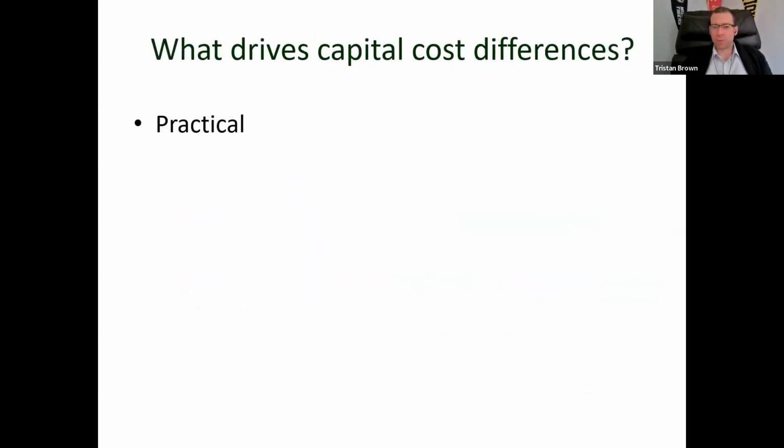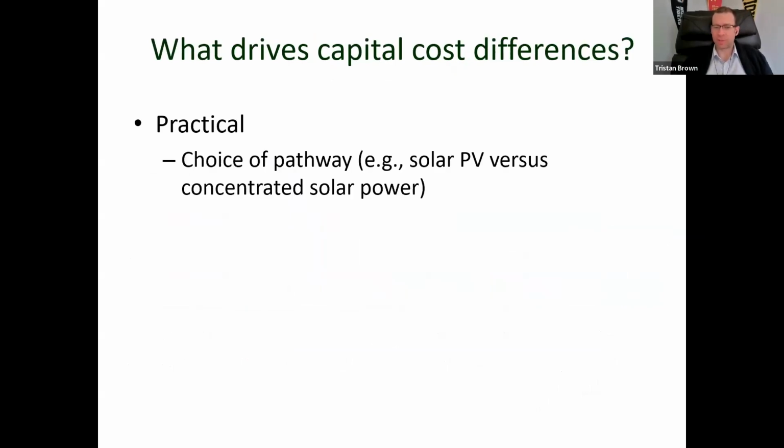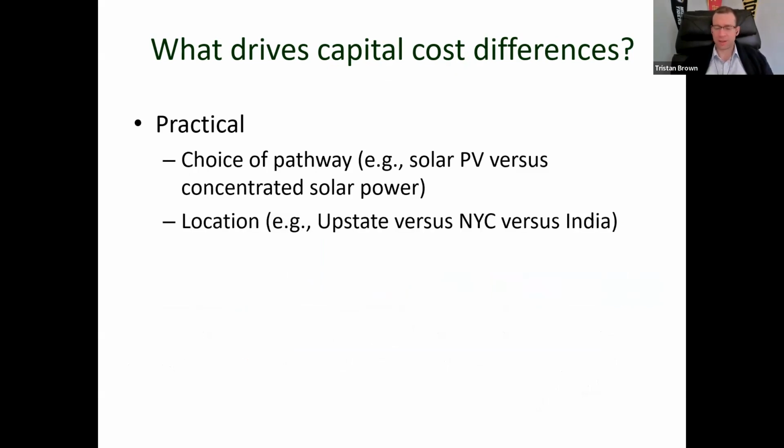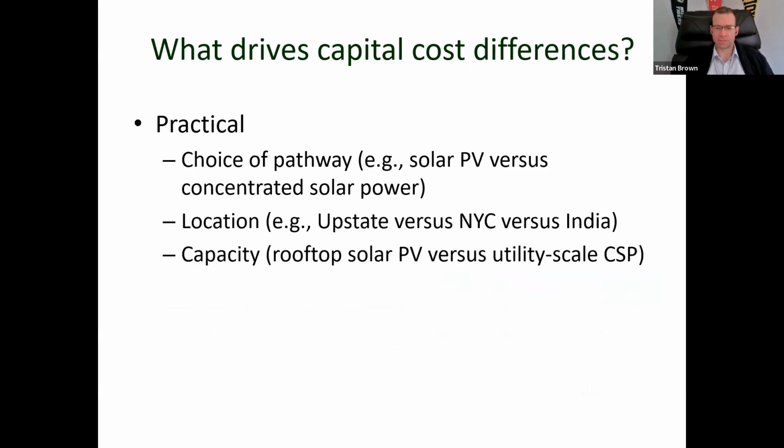All right, so what drives those capital cost differences then? Well, some of it's practical, your choice of pathway. If we use the solar example, solar PV versus concentrated solar power. Solar PV, very distributed. Concentrated solar power, as the name suggests, just the opposite of that. Location, right? Building in upstate New York versus New York City versus India, big differences in all those different criteria, all those different variables.